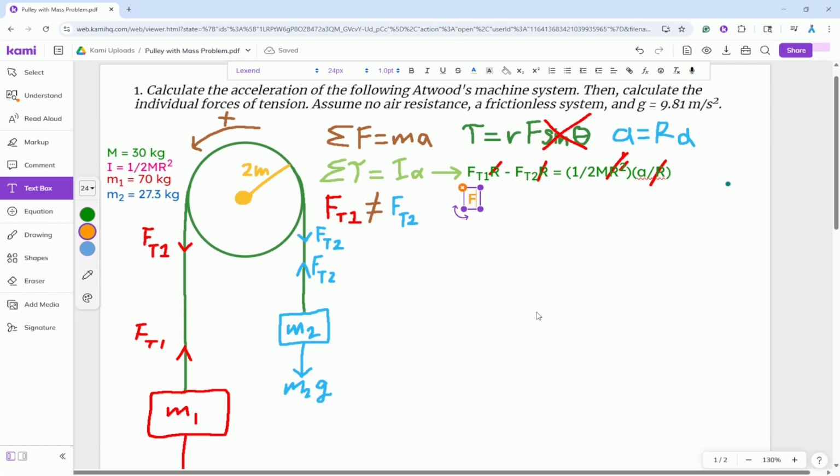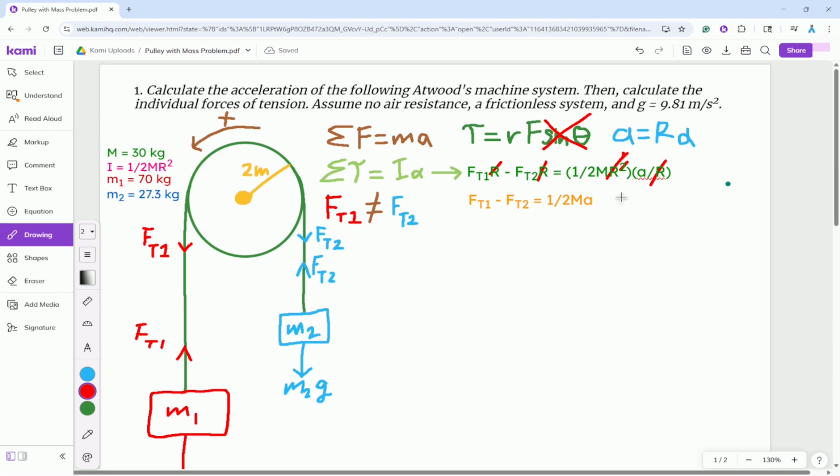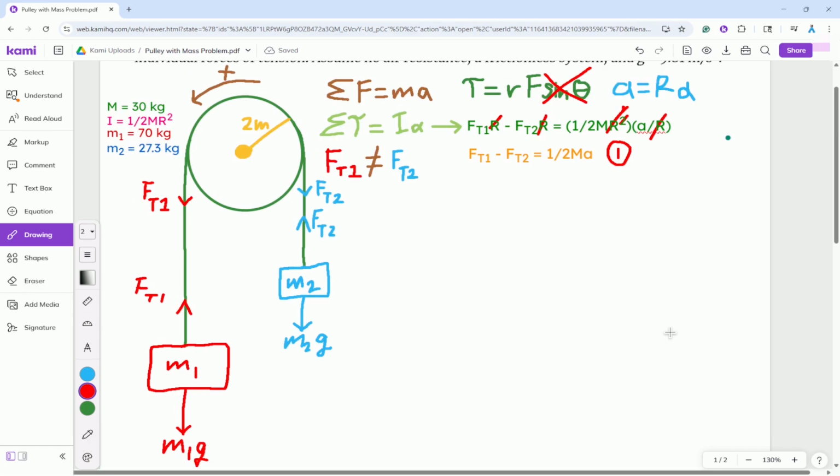FT1 minus FT2 is equal to 1/2 capital M A. This is going to be a placeholder equation, or an equation that we're going to use later, because this is important, okay? We're going to use this equation, the sigma equation, later, because we can't do much with it right now.